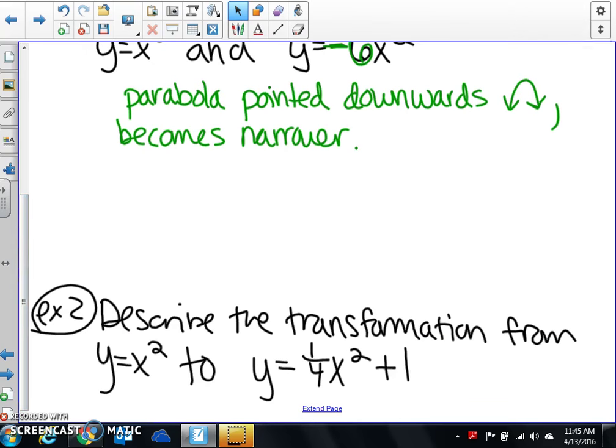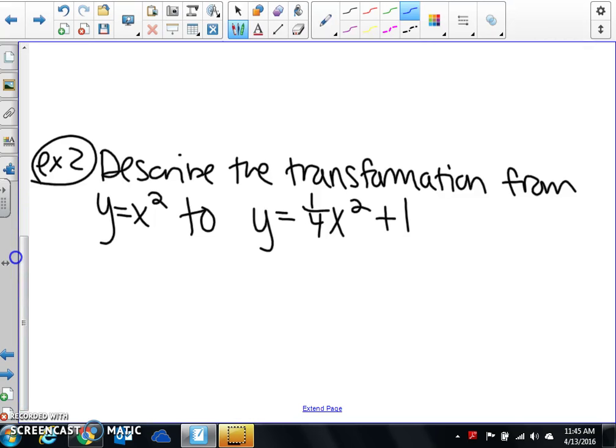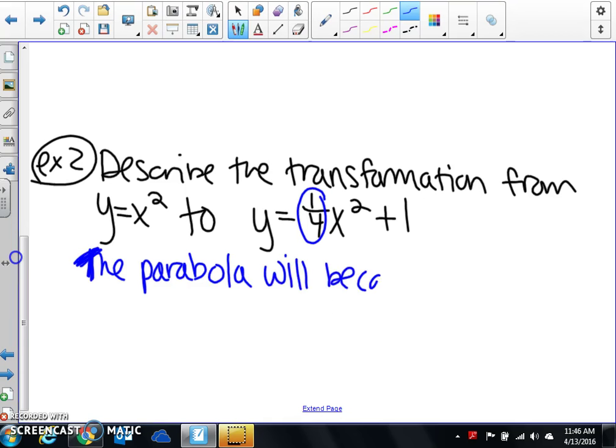For example number 2. Okay, so y equals x squared. Let's first make sure our a is positive, so it's still going to be upwards. They gave a fraction for our a, so remember if it's a fraction, it becomes wider. Okay, so the parabola, and let's get grammatically correct, that is a capital T, the parabola will become wider.